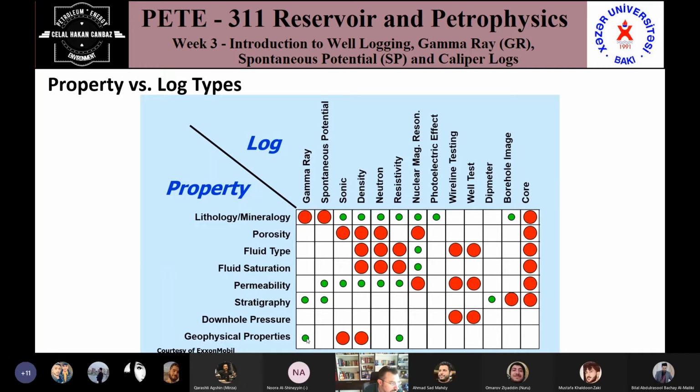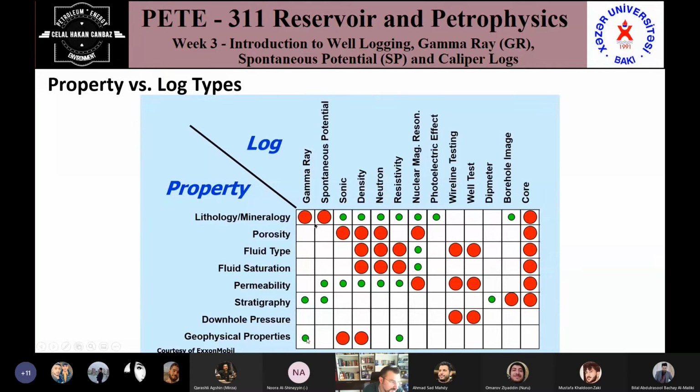So if you are talking about the lithology, I think this will be a kind of answer to your previous question. If you are talking about the lithology and mineralogy, see, gamma ray gives you a big idea. Spontaneous potential gives you a big idea. Cores give you a big idea. It totally describes it. Sonic, density, neutron, resistivity, nuclear magnetic resonance, photoelectric effect give you a small, limited idea.